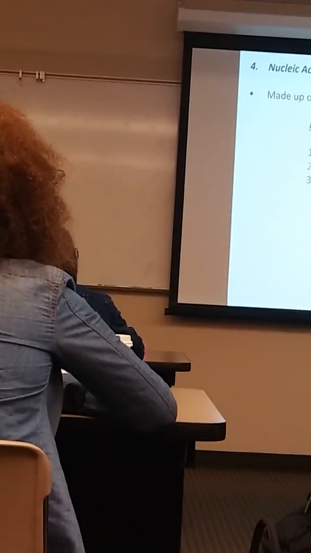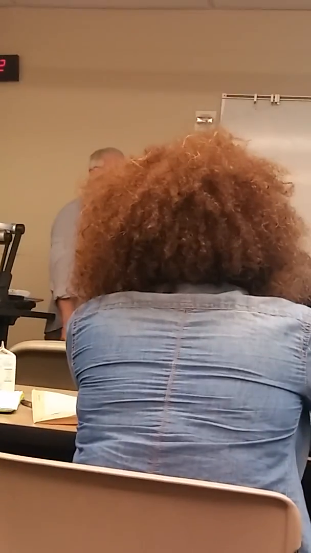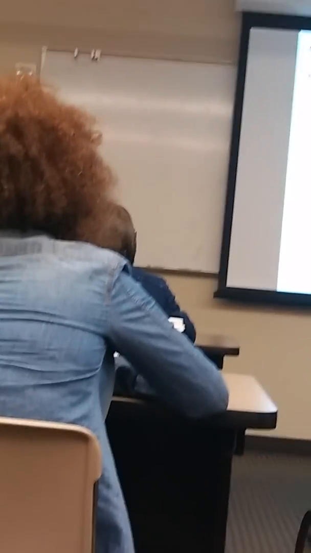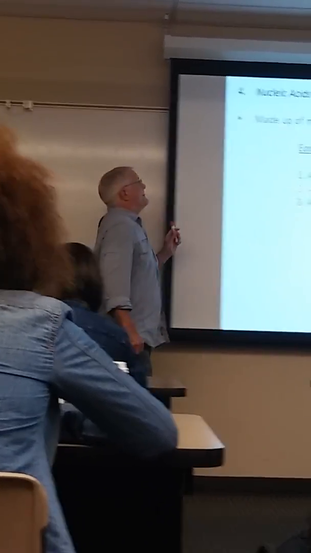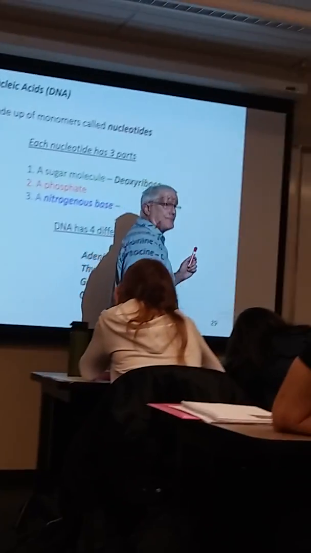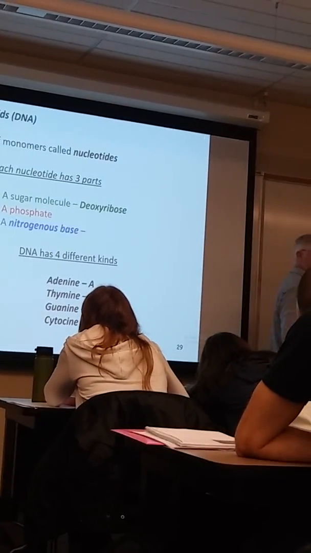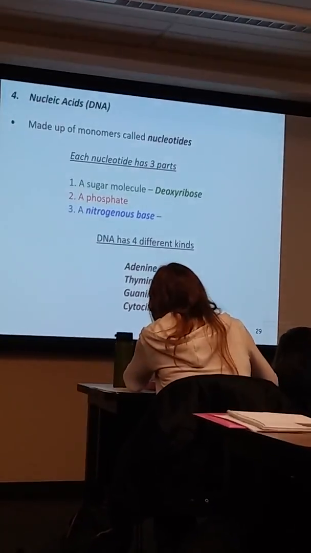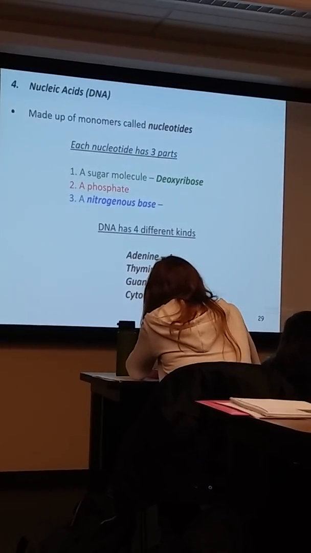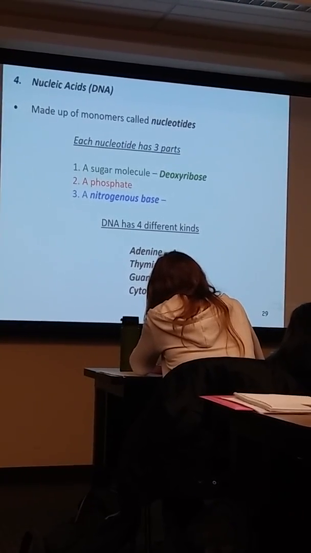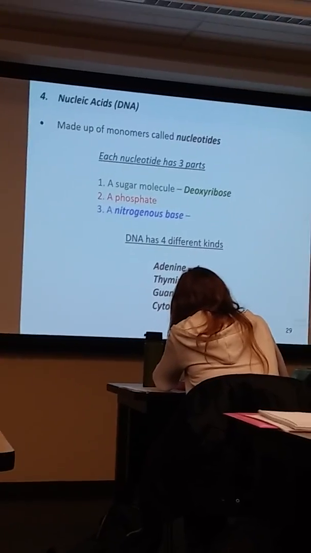Okay, now for a bigger one, a little more complicated perhaps, maybe a little more confusing than proteins for the moment. Now we're at nucleic acids. There are two types of nucleic acids. DNA is one. Anybody know the other one? RNA. That is the other type of nucleic acid.